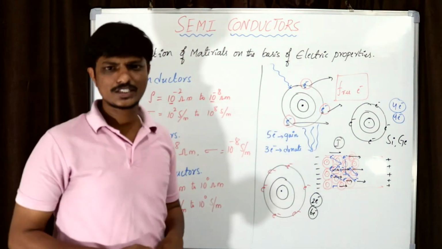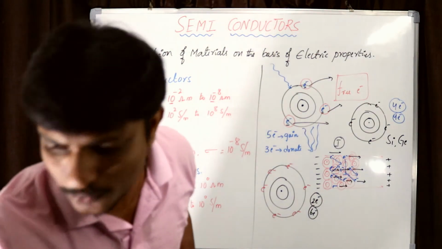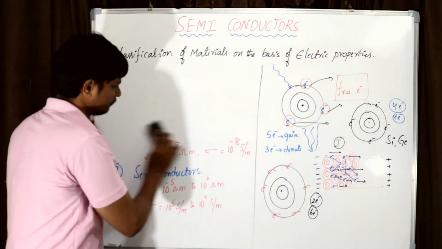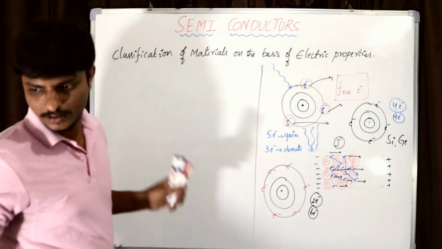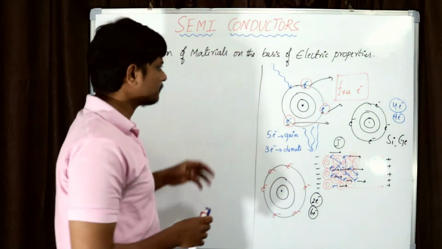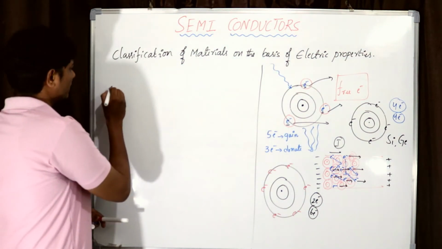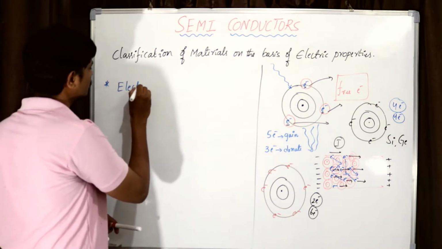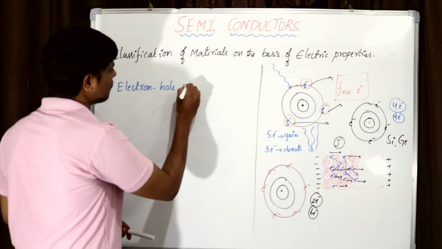I wanted to discuss one more important topic in this lecture only. So I am going to erase this. So let us look here. I am going to discuss another topic, electron hole pairs.